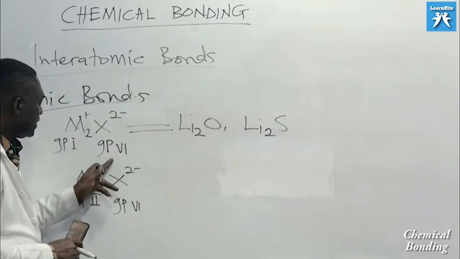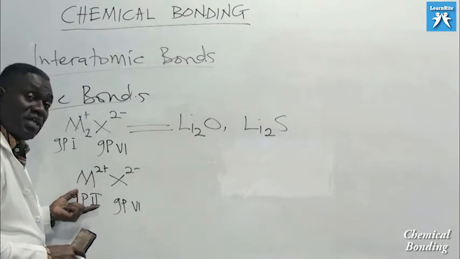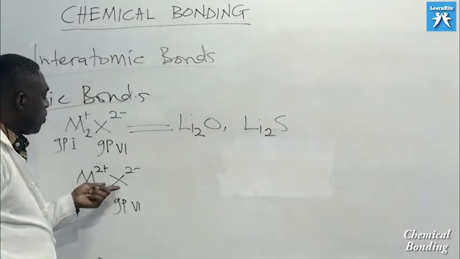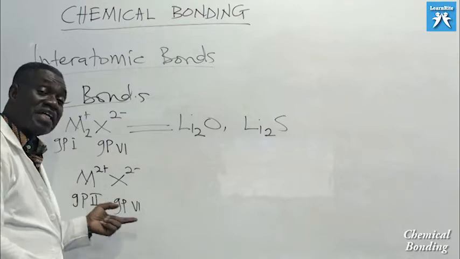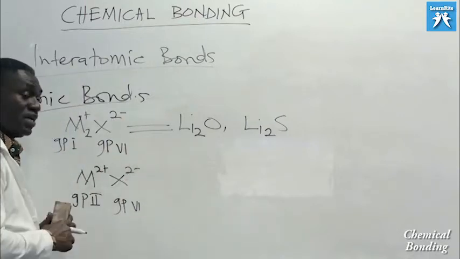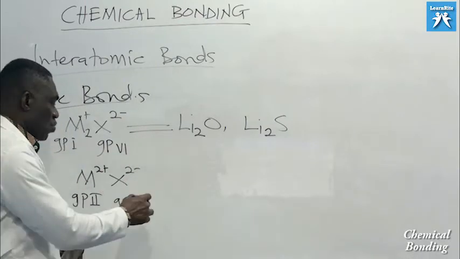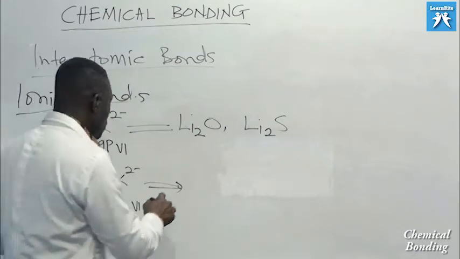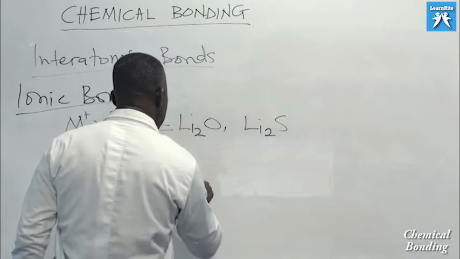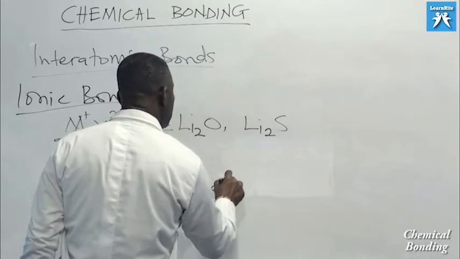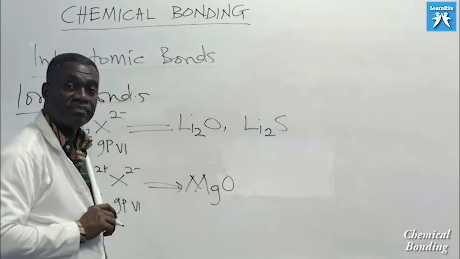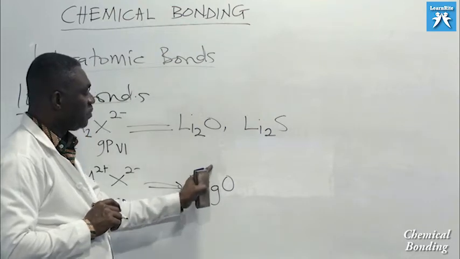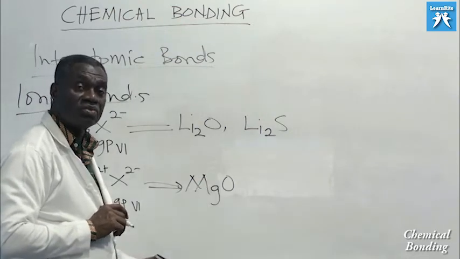So M2 plus, because it's a group 2 element, losing 2 electrons, combined with a group 6 element which can accept 2 electrons, that is the formula. Because this will cancel this, when we are writing the examples, it may not be necessary to bring them. So we can write for group 2 element, magnesium oxide. This is telling me that magnesium is plus 2, oxygen takes minus 2.